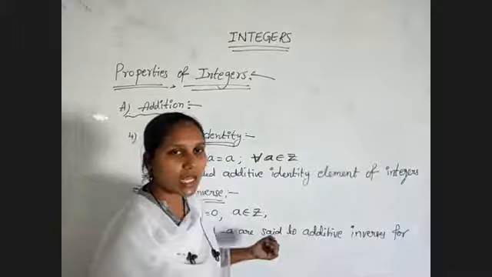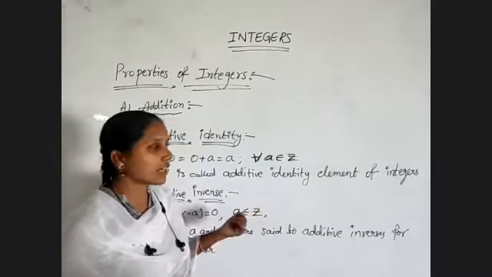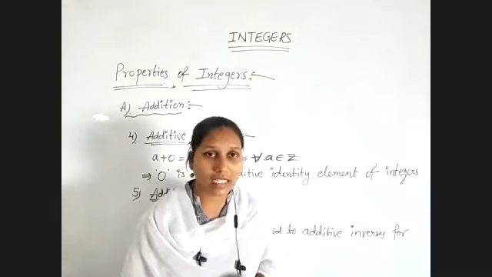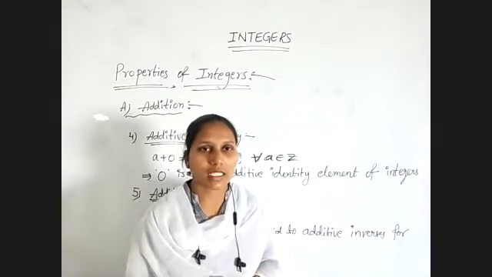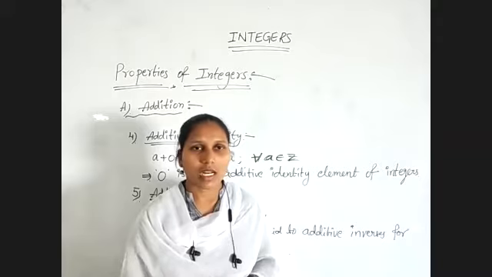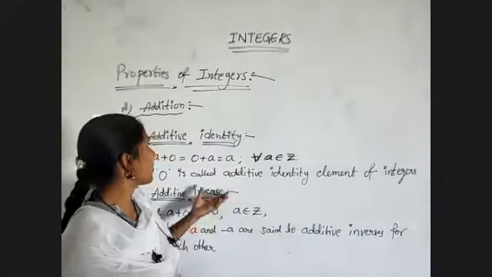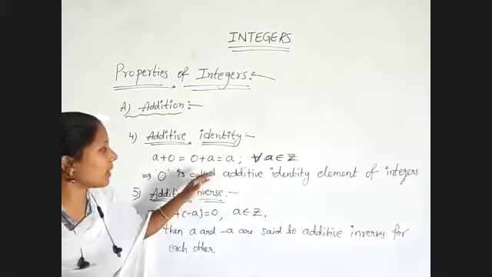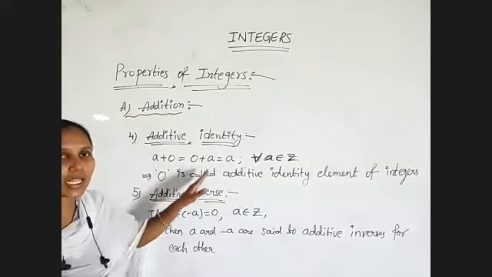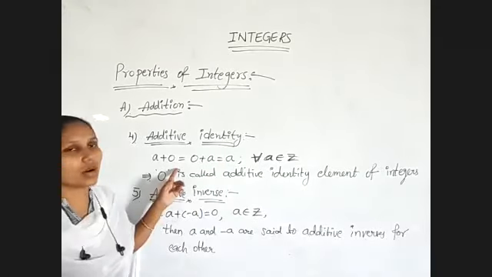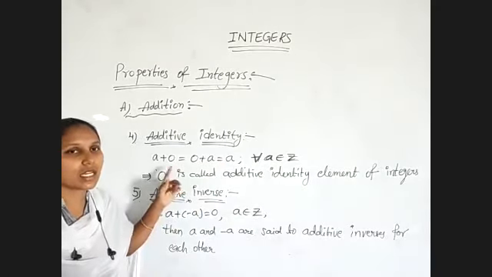Coming to the associative property, if we add three numbers by changing the grouping, the result will not change, as I showed previously. Now coming to additive identity. By adding 0 to any integer, we get the same number as the result. That's why 0 is called the additive identity of integers.